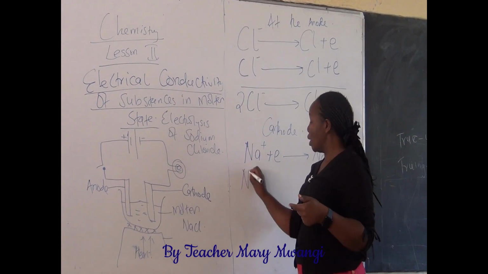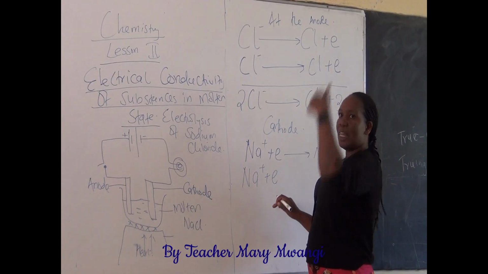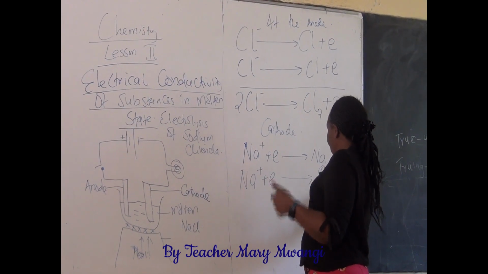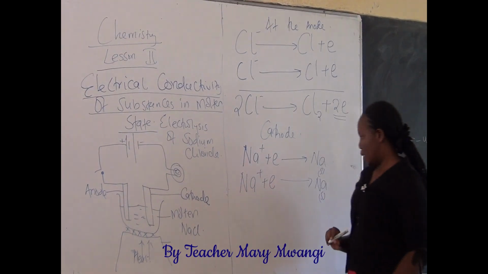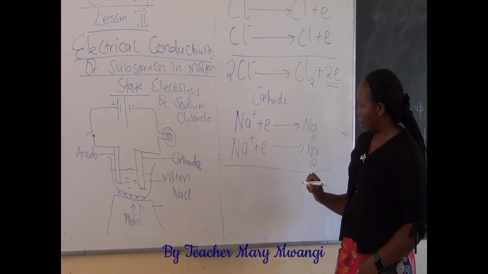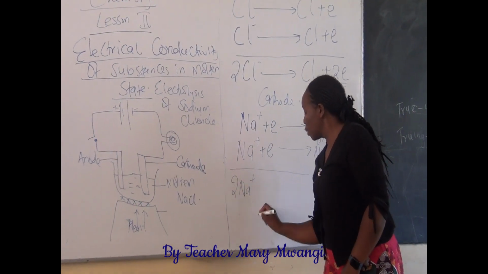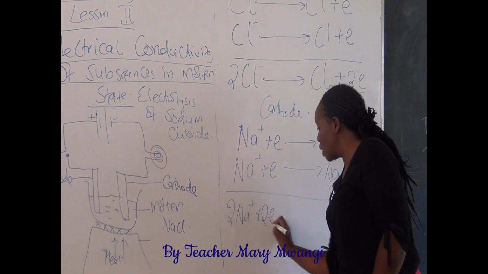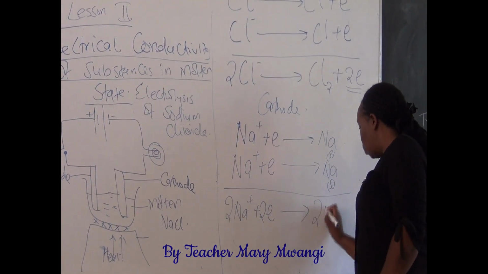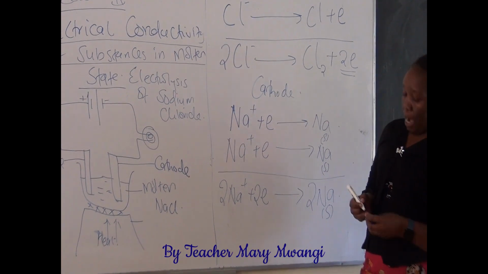So we also require another sodium ion to gain the other electron for us to have another sodium now in solid state. So the overall reaction at the cathode will be 2 sodium ions accepting the 2 electrons that have been given out at the anode for us to have 2 moles of sodium, which is solid.